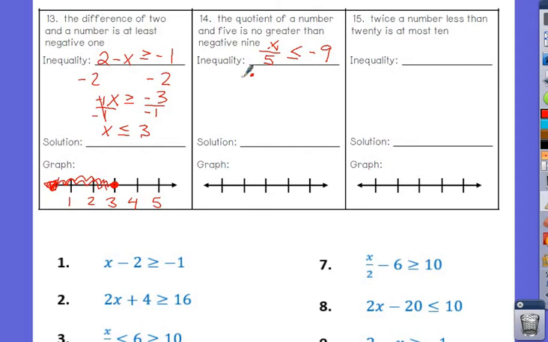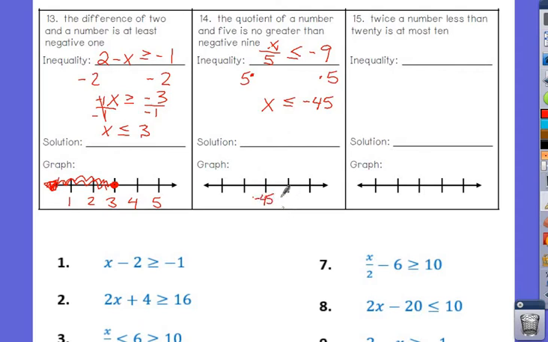I multiply both sides times 5. X gets alone. Do I flip the sign? No. 5 wasn't negative. What's a negative 9 times a positive 5? Negative 45. So I'm going to put negative 45 here.